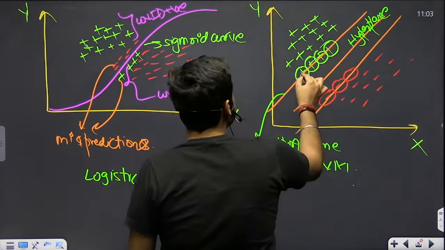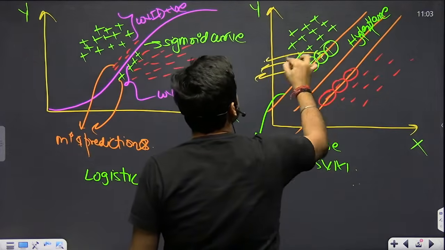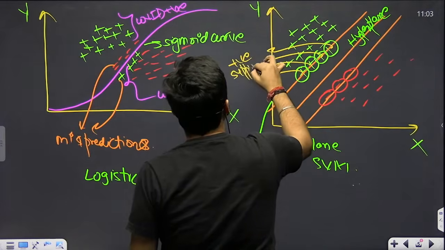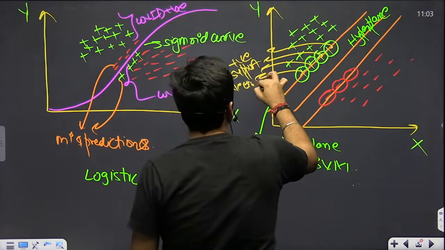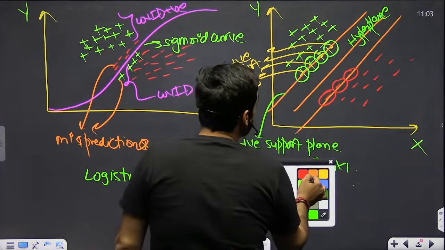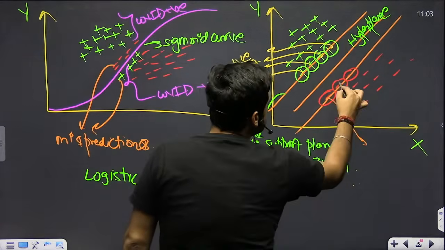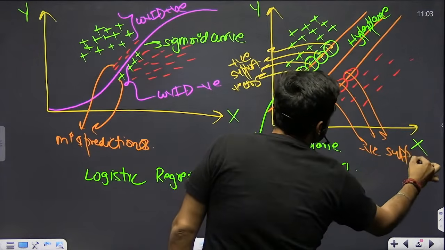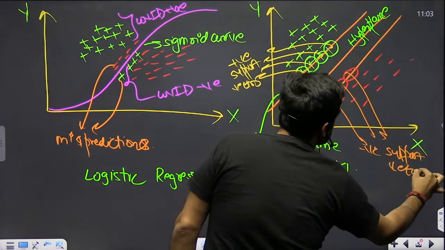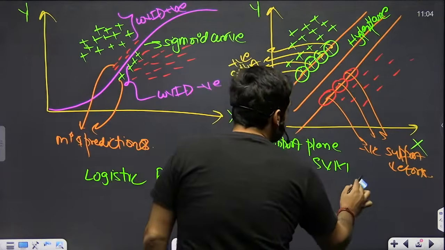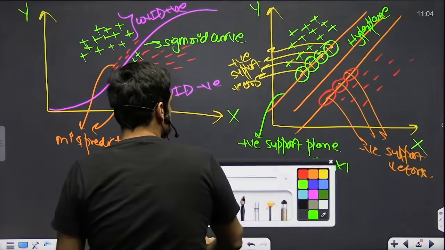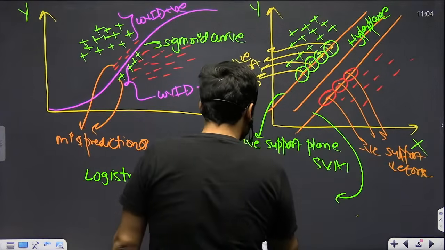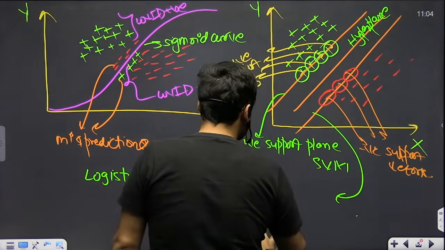They are the nearest points. These 4 points are positive support vectors, and these 3 points are negative support vectors. The plane passing through the negative support vectors is known as the negative support vector plane.